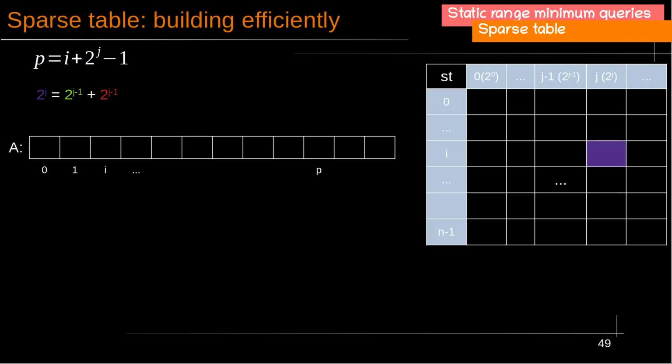We know that 2 power j is equal to 2 power j minus 1 plus 2 power j minus 1. How is this true? We know that 2 power j is equal to 2 times 2 times 2 and so on until 2. We can take this j minus 1 times, so times 2 to complete the j.